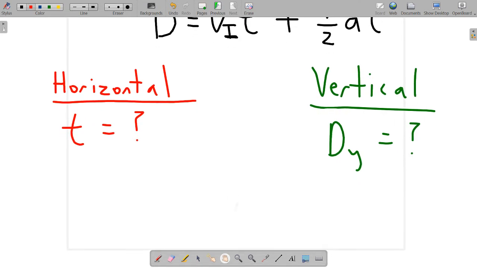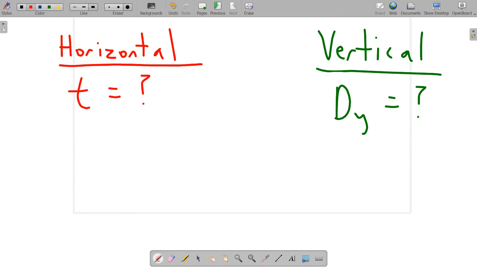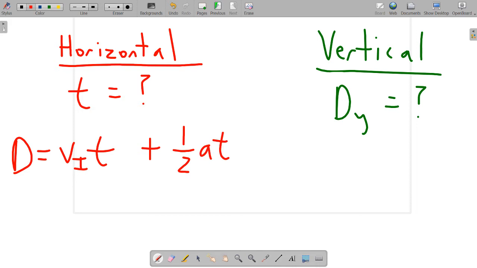So let's begin with writing out our equation for the x direction. The displacement equation, we know, is just initial velocity times time plus 1/2 multiplied by acceleration multiplied by t squared. Now, let's plug in what we know. What is the acceleration in the x direction?